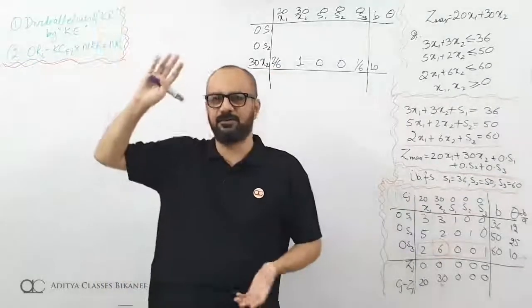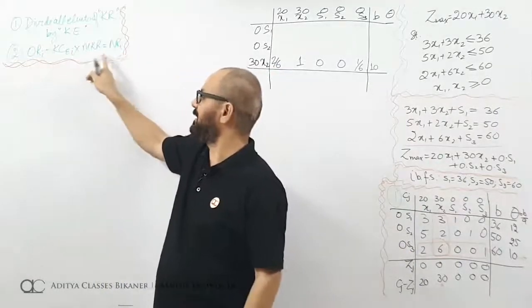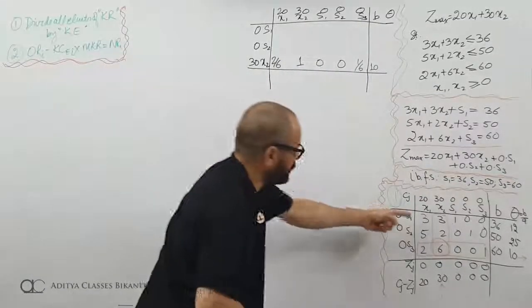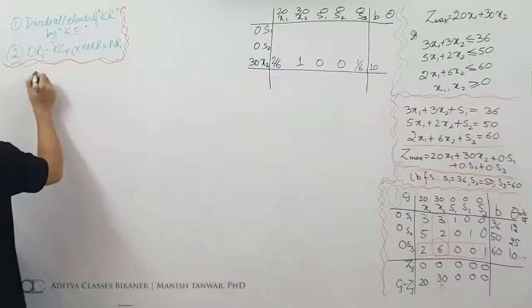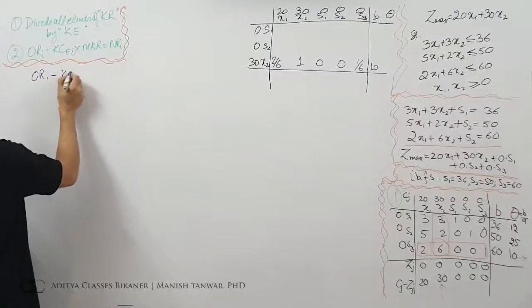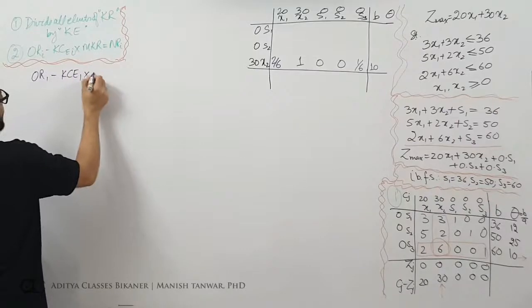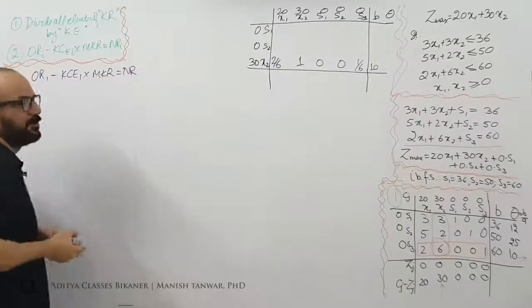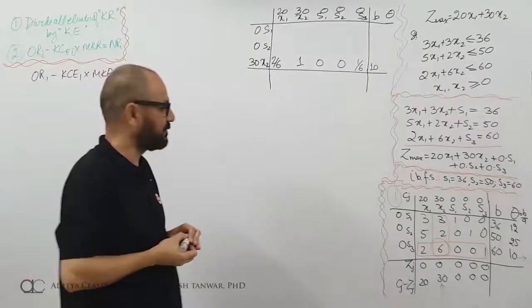So the second rule is for all. That's why we put this subscript i, indicating which row. Now if I talk of this first row, this formula becomes old row 1 minus key column element 1 multiplied by modified key row is equal to new row.